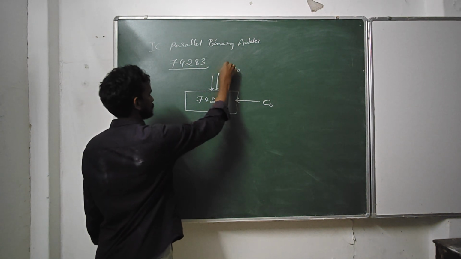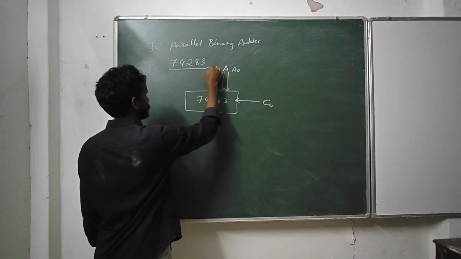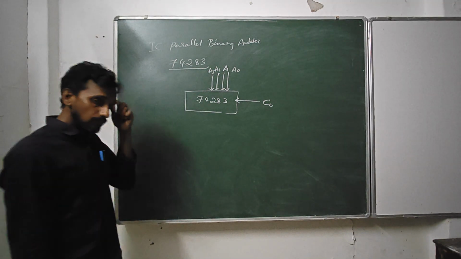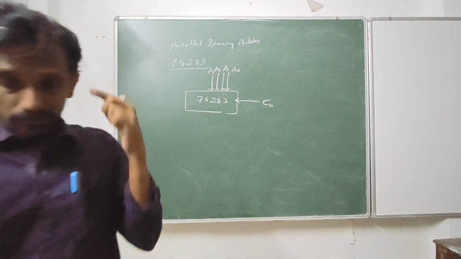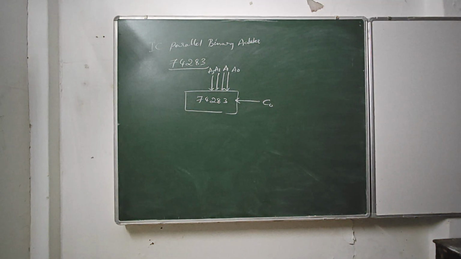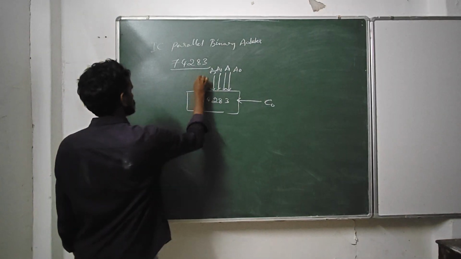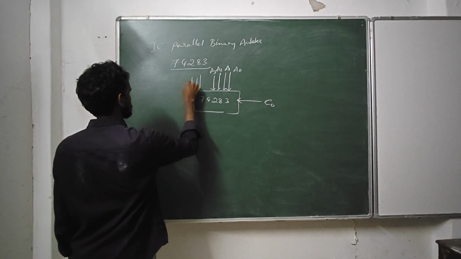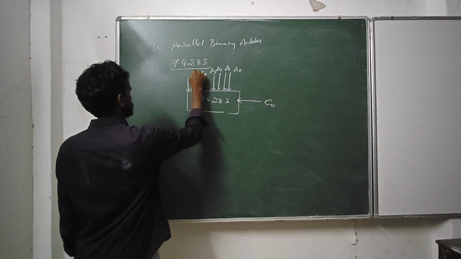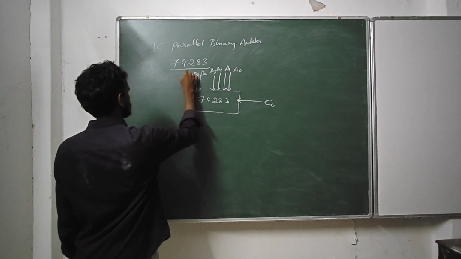let's say A0, A1, A2 and A3. So next one, B0, B1, B2, B3.